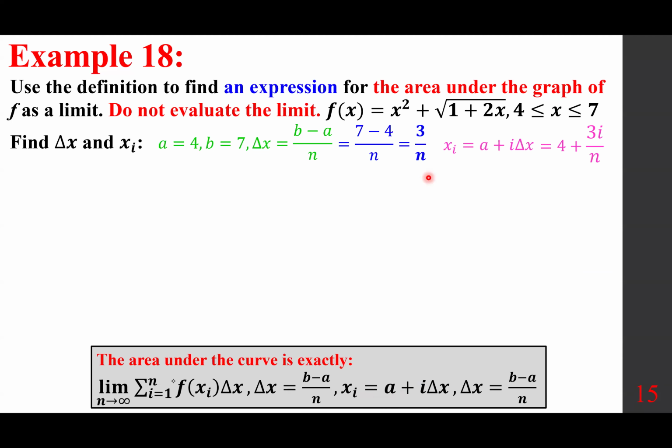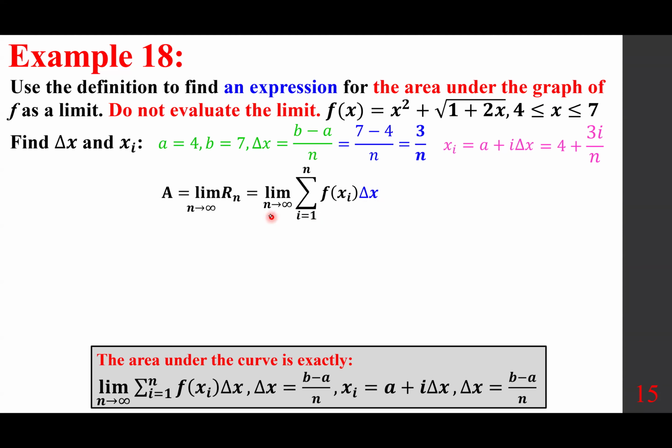So we write the formula. Area is the limit of R sub n, the right endpoints, as n approaches infinity, limit of this summation of f of x sub i delta x as i goes from 1 to n, and n approaching infinity.